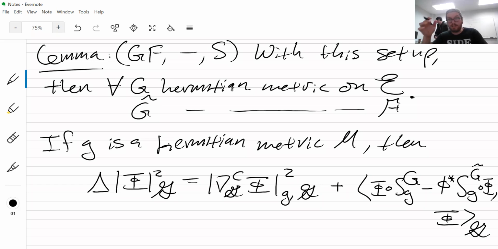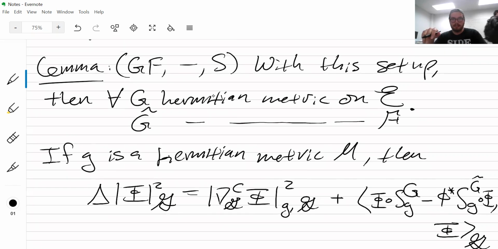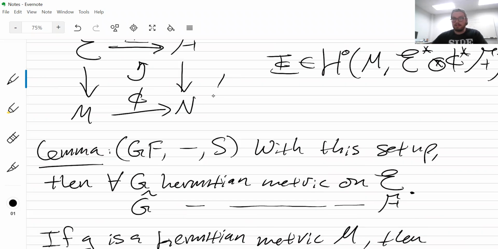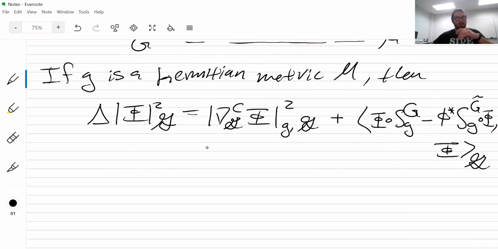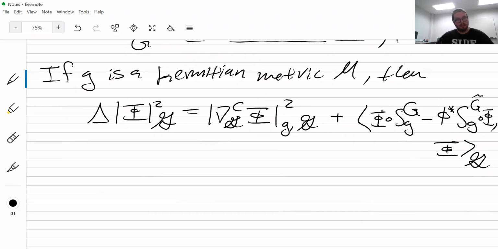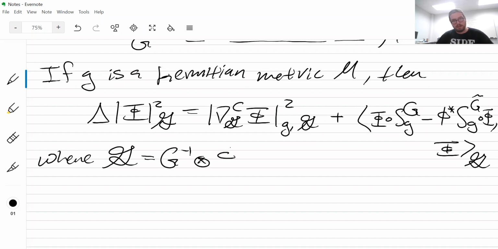And script G is just the metric that G and G tilde induce on this bundle up here, E star tensor the pullback of F. So script G is just G inverse tensor the pullback of G tilde.